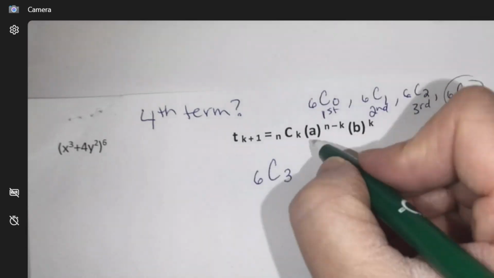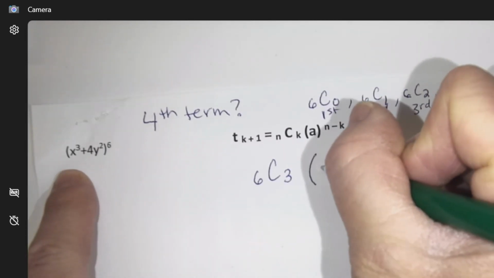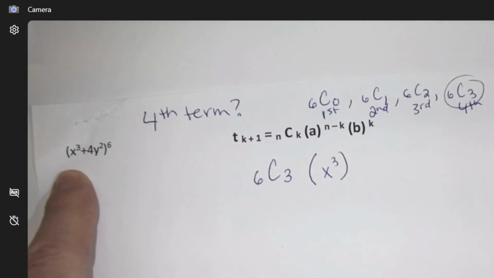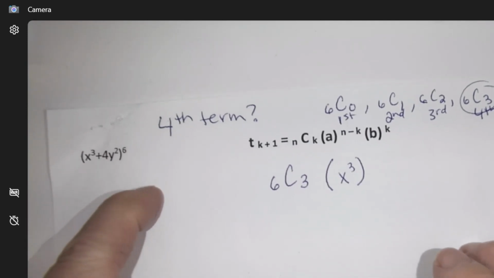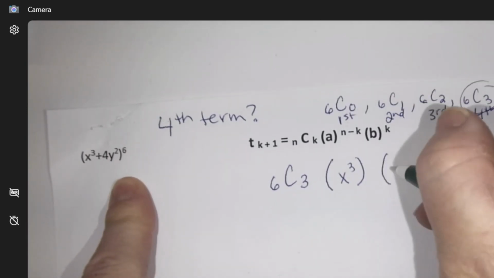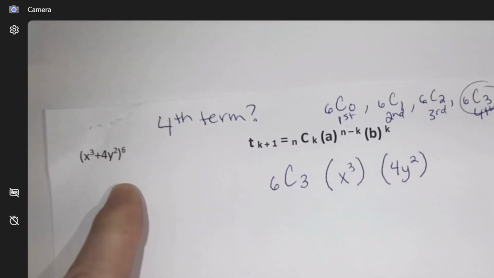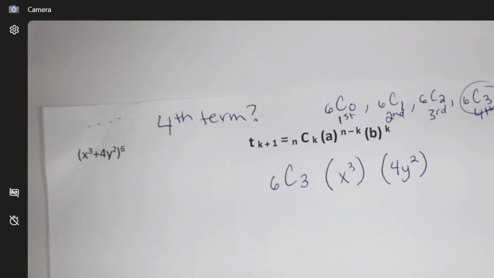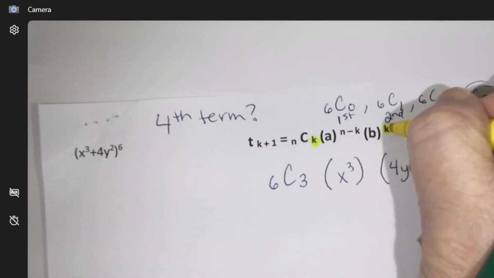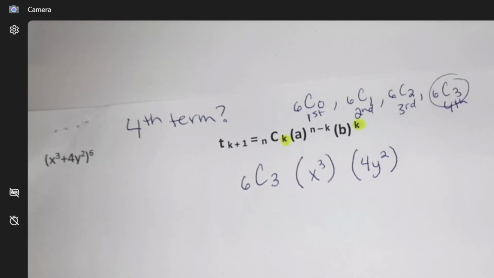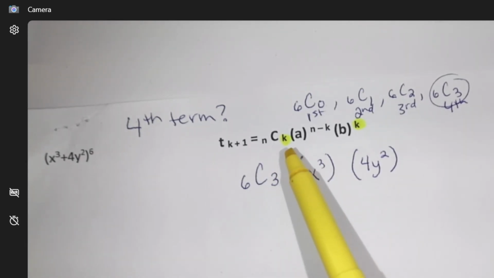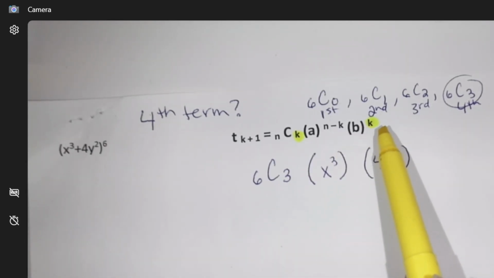Okay. A, write the first item, x cubed. B is the second item, 4y squared. Okay, look at the formula. Whatever your choose number is has to match that exponent.